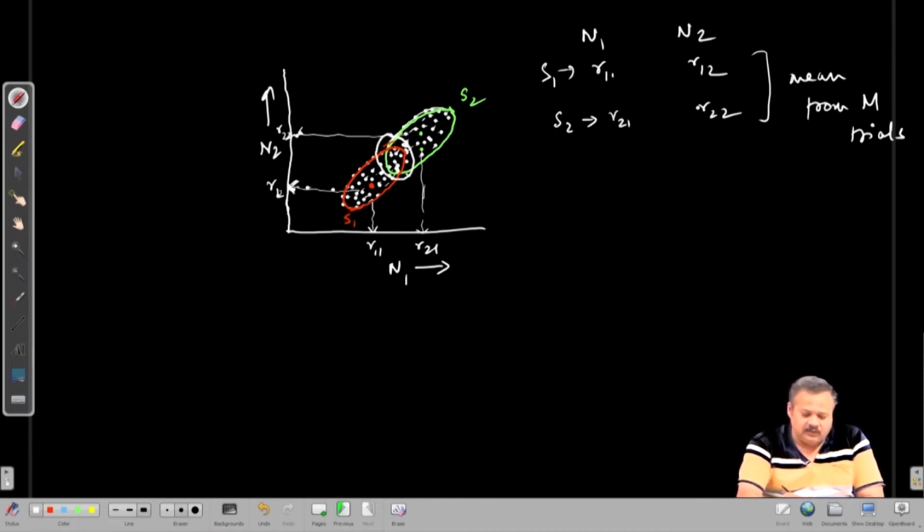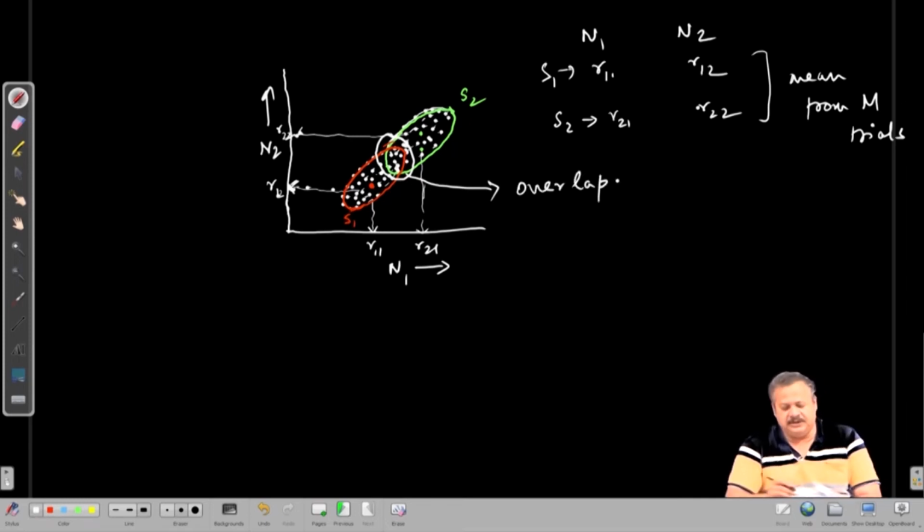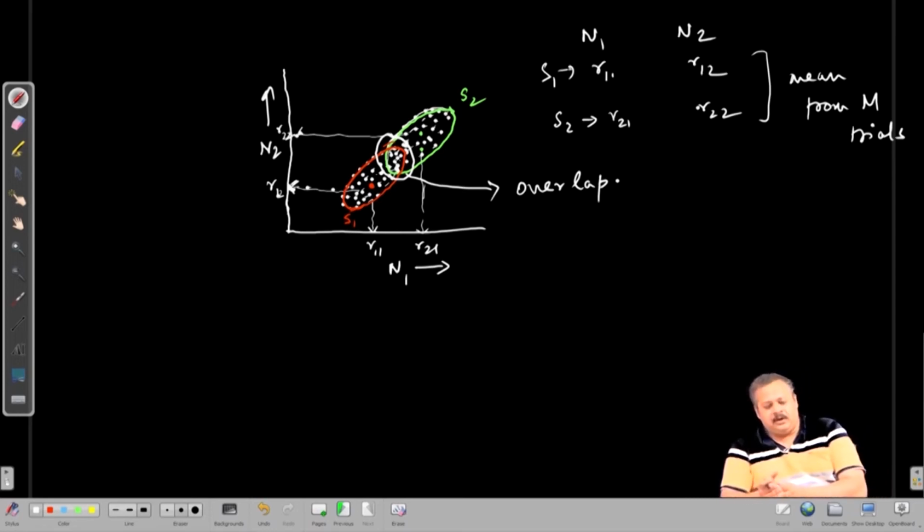So this overlapping region is the confusion region. That is, response pairs of N1 and N2 within this overlapping region are going to be difficult to decipher as to whether they came from stimulus 1 or stimulus 2, because we see a good probability of such responses from stimulus 1 as well as stimulus 2.